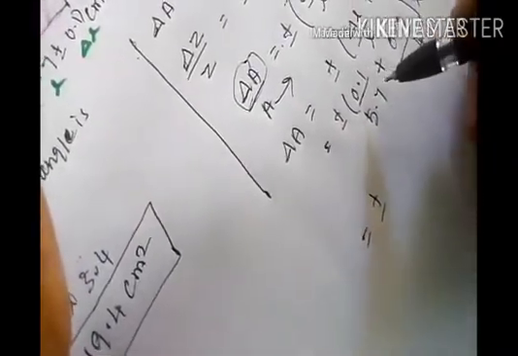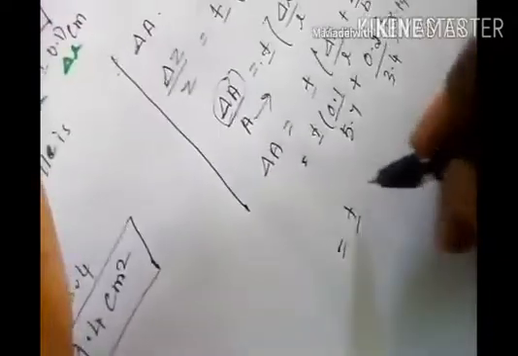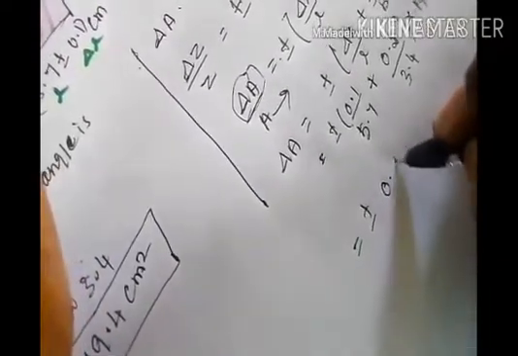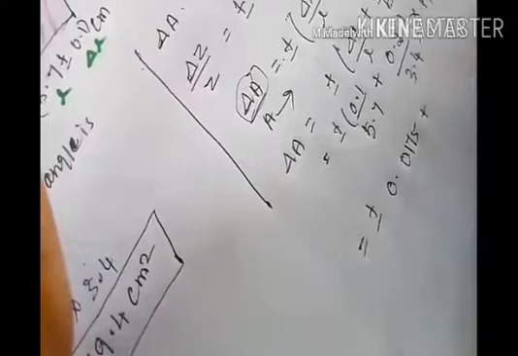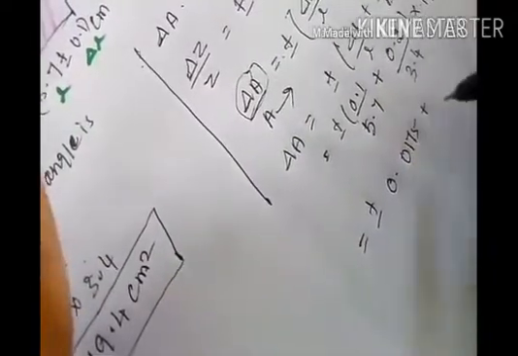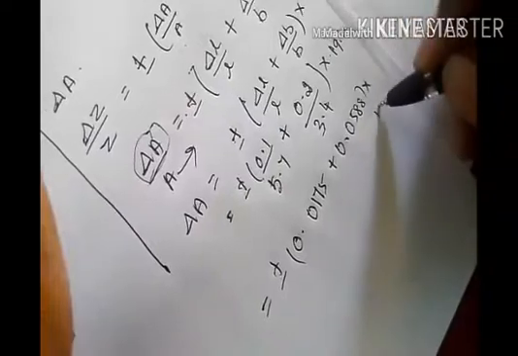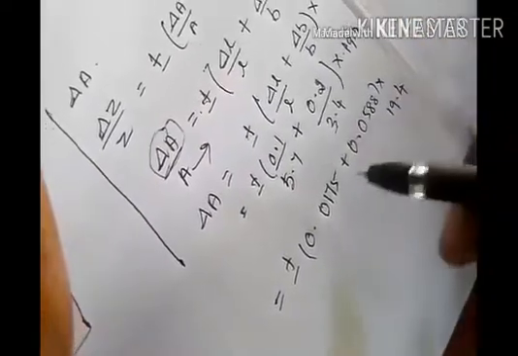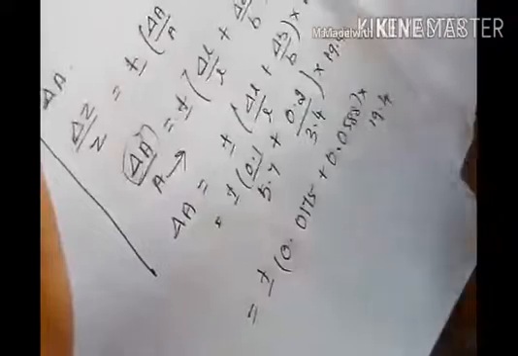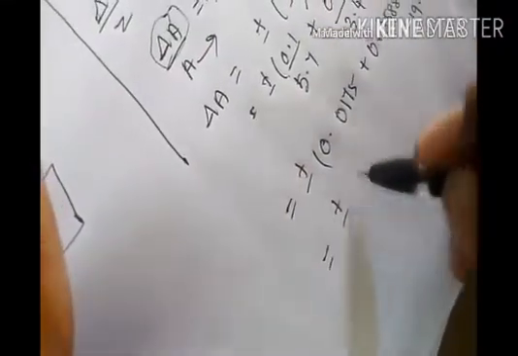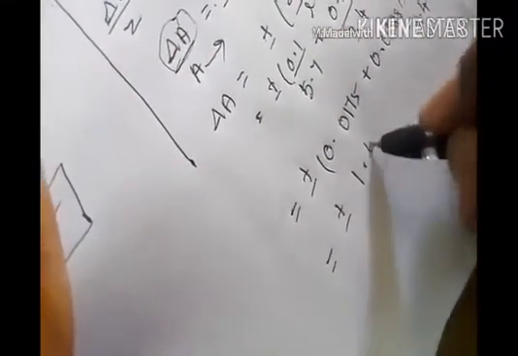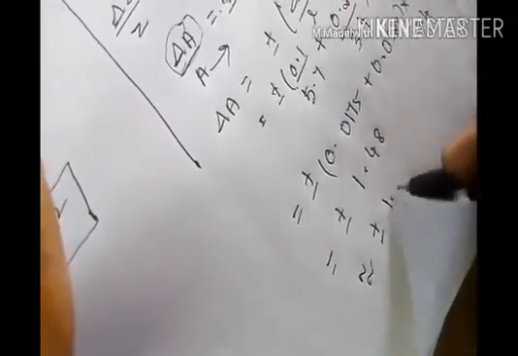After the simplification the result is 0.0175 plus 0.0588, into 19.4. If we add and multiply, finally we get the result as 1.48, which is approximately plus or minus 1.5.